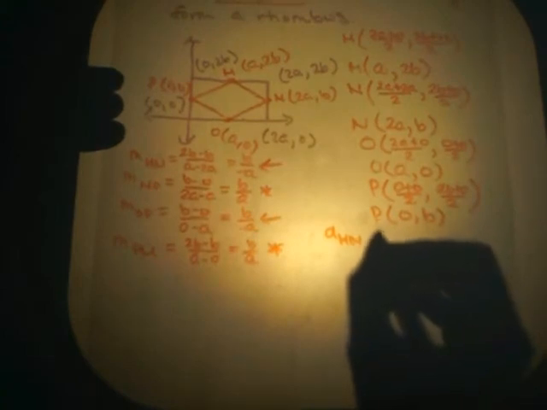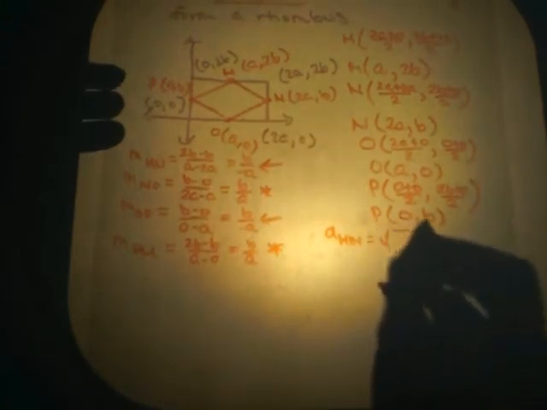So a rhombus is a parallelogram with all 4 sides the same. So we have to do our distances for that. So we're going to do distance of HN. And again, we're just going to start around the circle. So we're going to do equals square root of x minus x, 2a minus a, squared, plus b minus 2b squared.